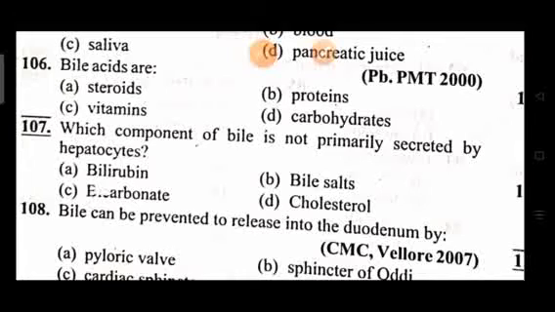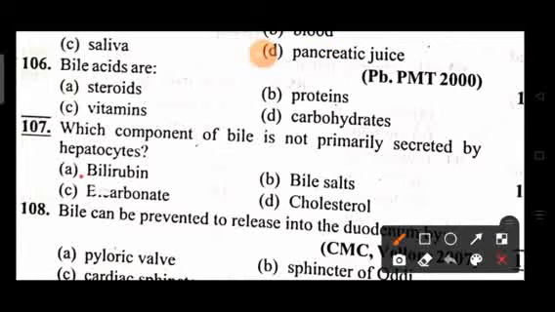Bilirubin, bile salts, bicarbonates, cholesterol. So here the answer is bicarbonates.